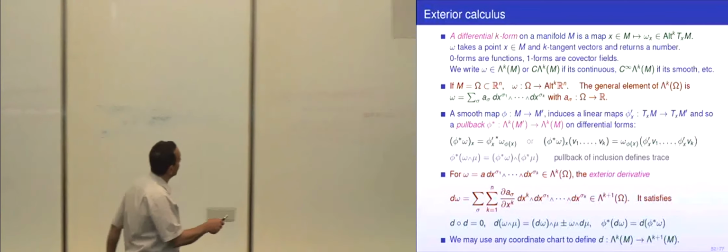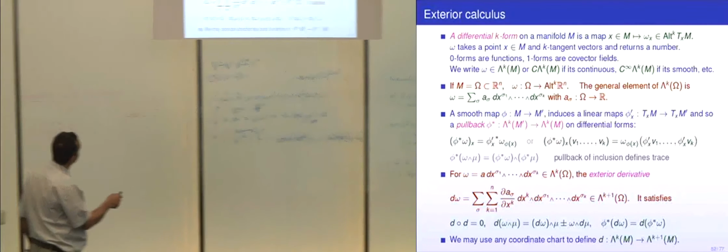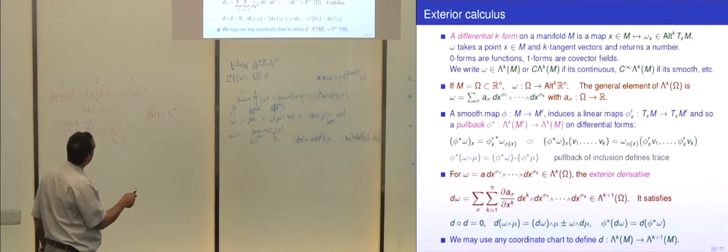So here's the formula. If we have a differential form omega on M prime, that means it takes a point of M prime and tangent vectors at that point and gives you a real number. Well, now we want to define phi star omega, which should take a point on M and tangent vectors on M and give you a number.